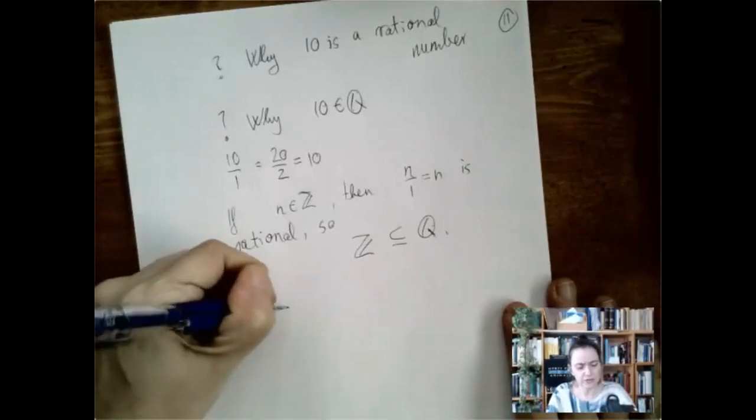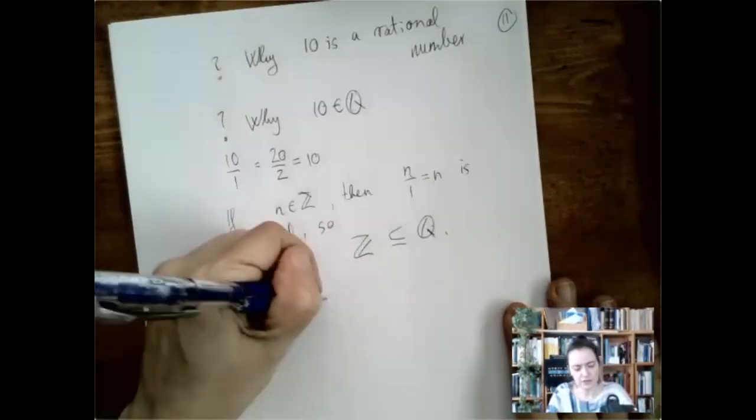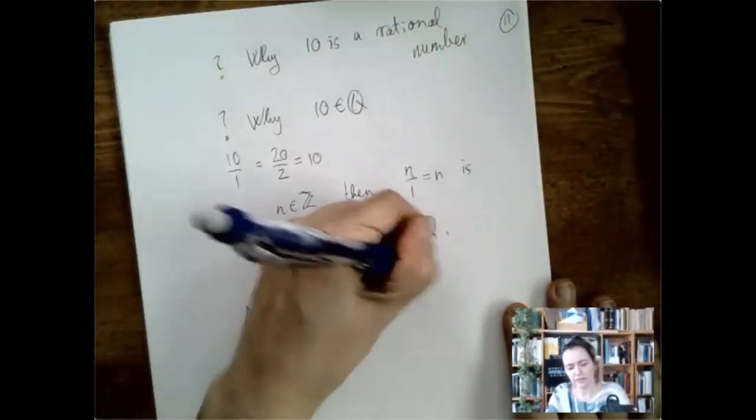The next step is real numbers. So there is natural, integer, rational, real.